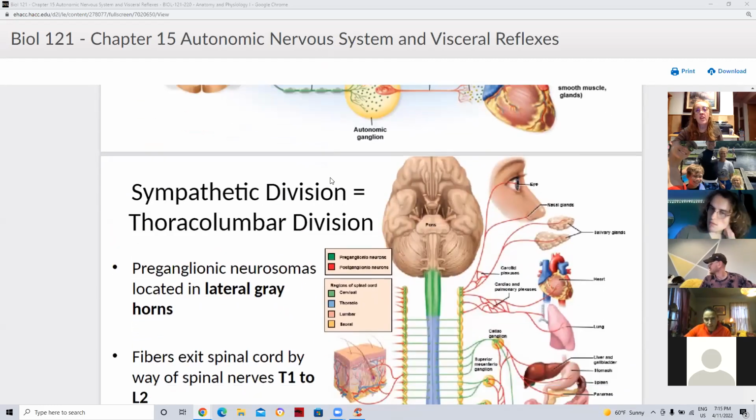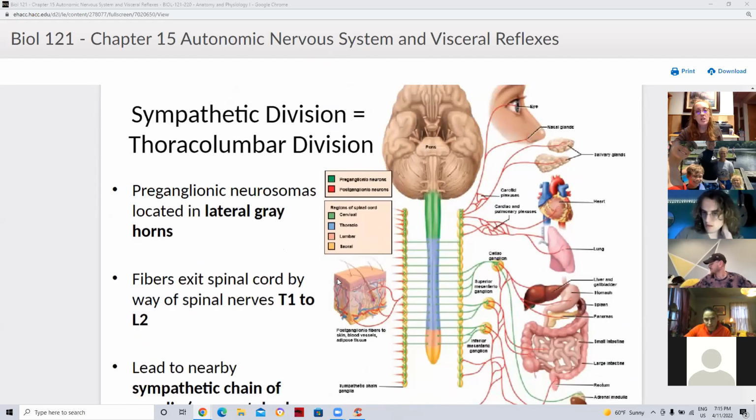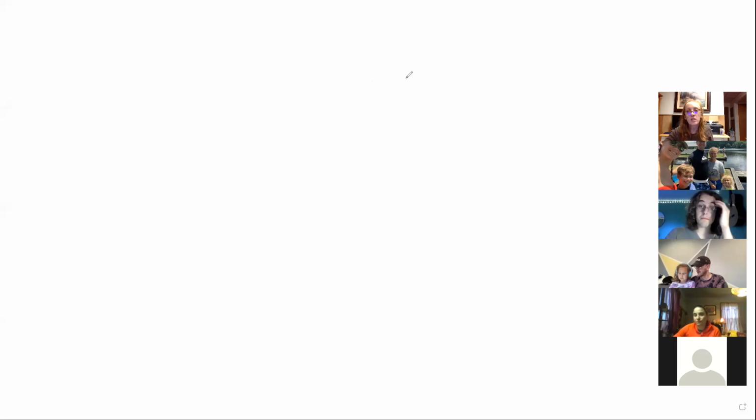So sympathetic nervous system. Before we do this, I'm going to show you something because we have the time. And I want you to see something. Okay. So here's my really bad picture of a brain. A spinal cord coming all the way down to the sacrum.